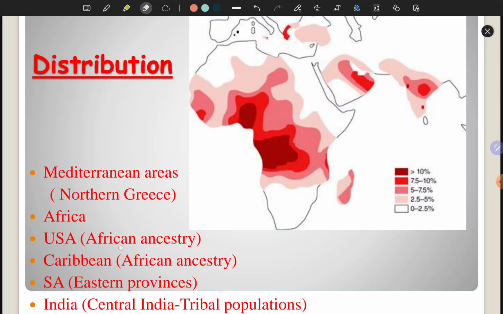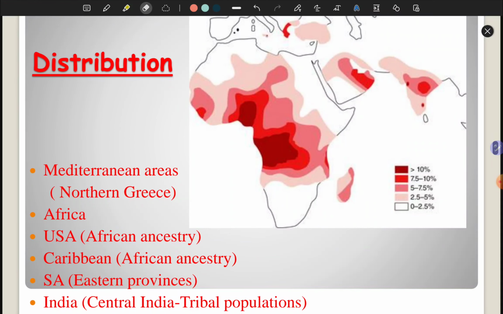Not in the UK or Europe, only with African ancestry. Also the Mediterranean areas, northern Greece. Not Southeast Asia, not India. So it is widely distributed as you see here.